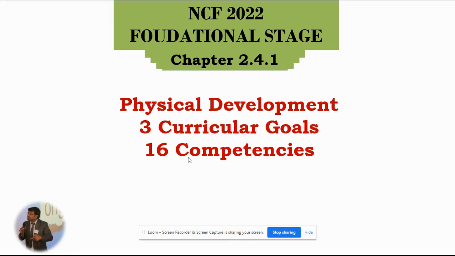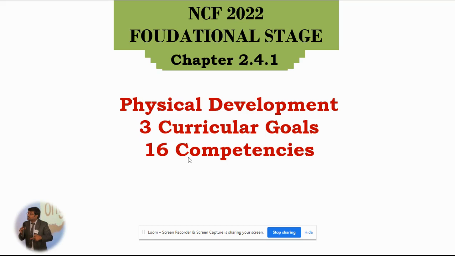Today, we are going to talk about Chapter 2.4 of National Curriculum Framework 2022, meant for foundational stage. The basic idea that we'll discuss in today's video is the competencies. The first developmental domain mentioned in NCF 2022 is physical development.